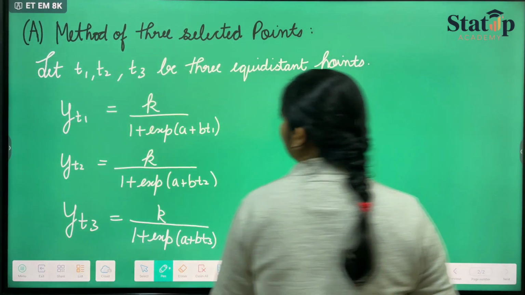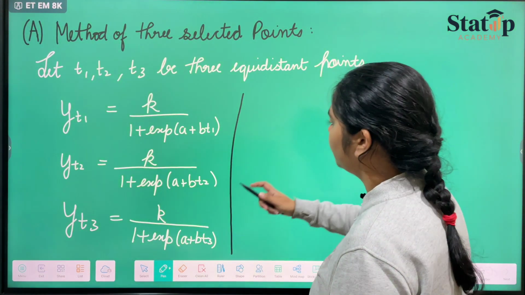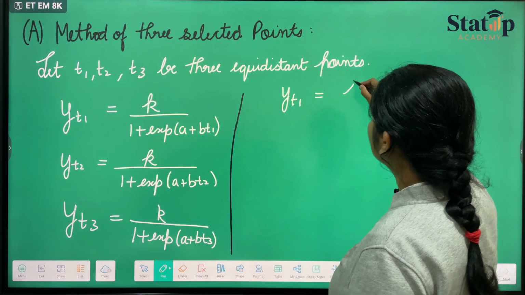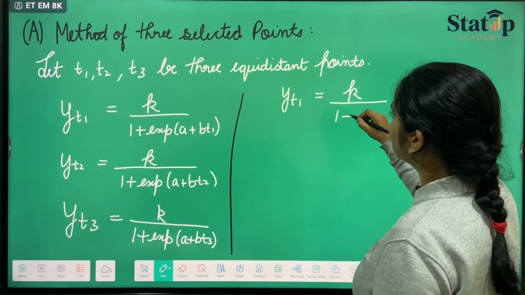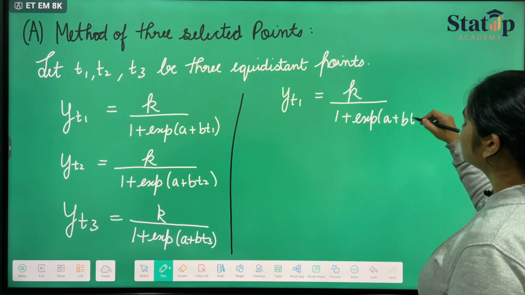Okay, so these are the 3 points. So here let us consider yt1. Yt1 is equal to k upon 1 plus exponential a plus bt1.